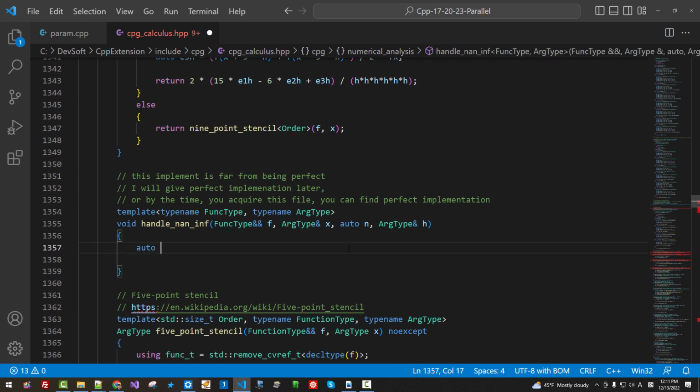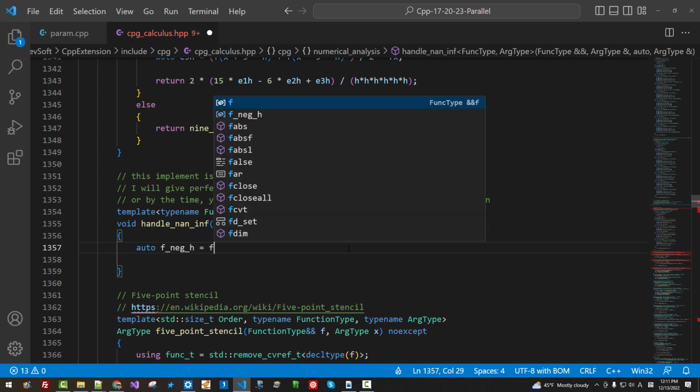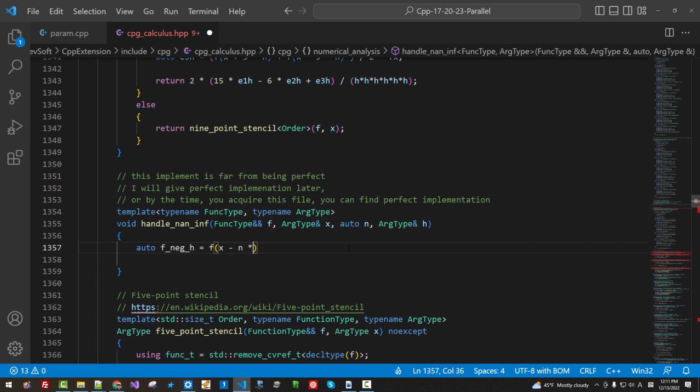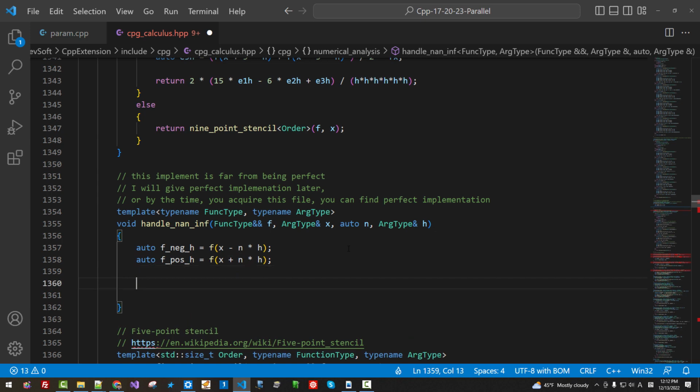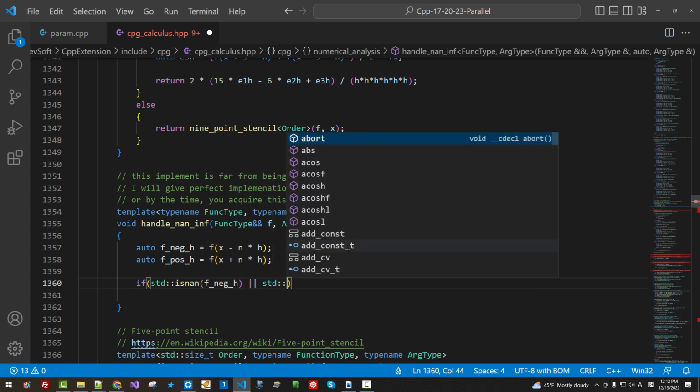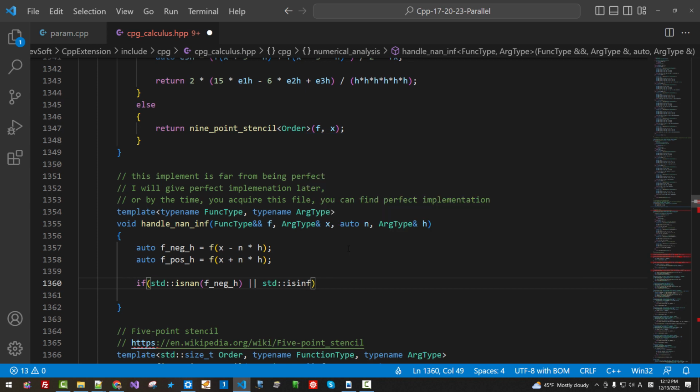Here, auto f neg h equals f of x minus n times h. Copy, paste. This is positive h. We test if this is not a number, or is infinity.